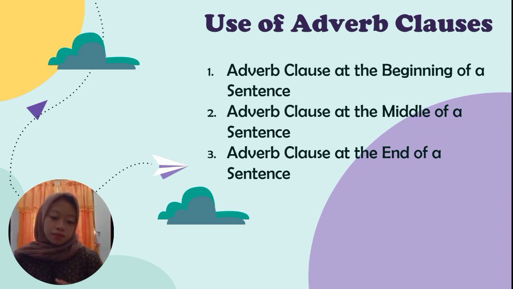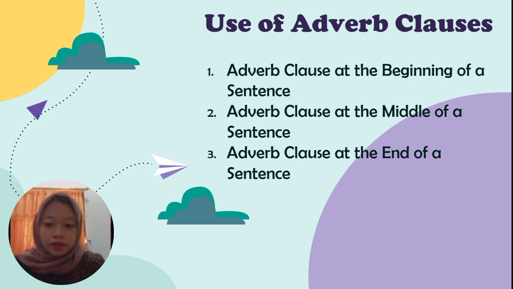They are flexible and can be placed at the beginning of the sentence, in the middle, or at the end of the sentence. The first is adverb clause at the beginning of a sentence. When placed at the beginning of a sentence, an adverb clause is followed by a comma.